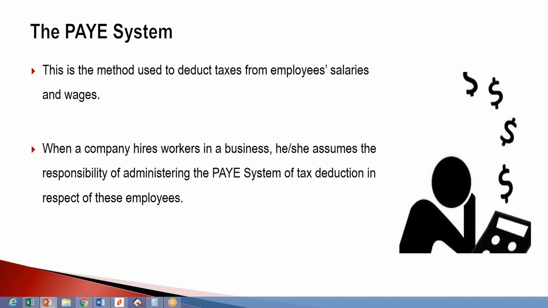Well, let's make it very simple. As an employee, if an employer pays you an amount that is taxable, then he should deduct the tax before he makes the net payment to you. He has a responsibility to pay that to the Board of Inland Revenue. Now, COVID-19.